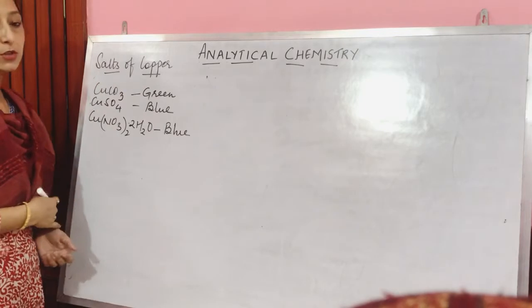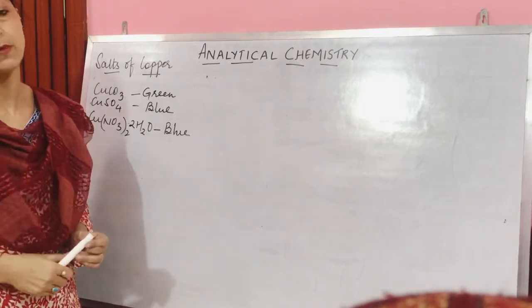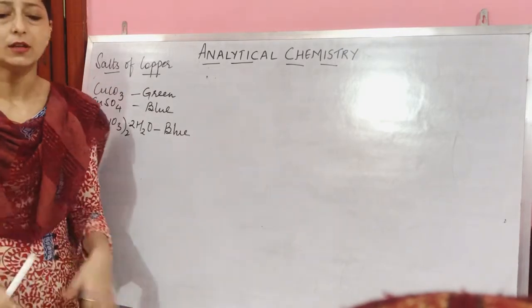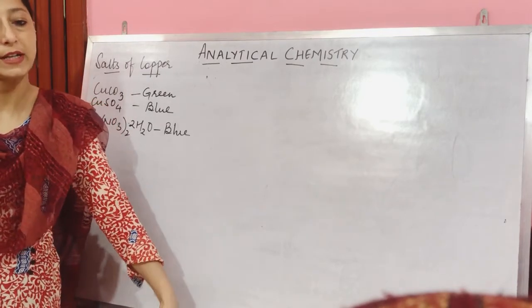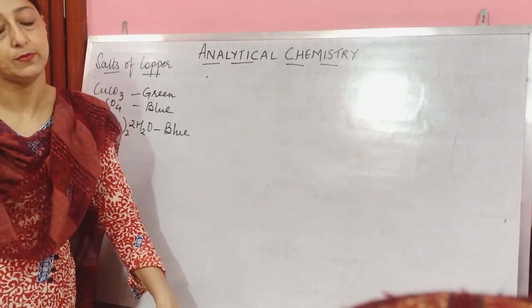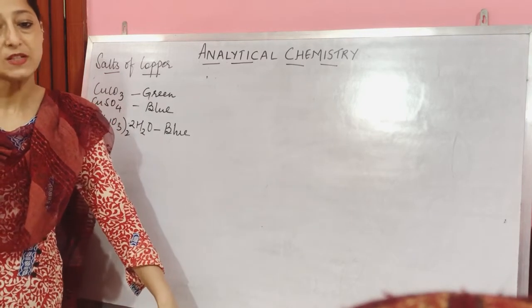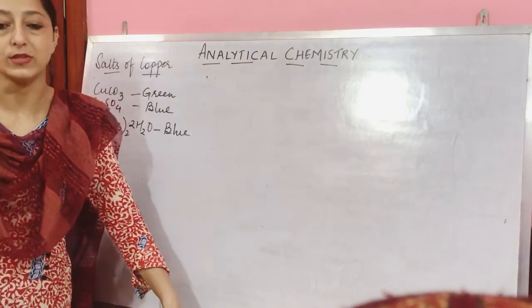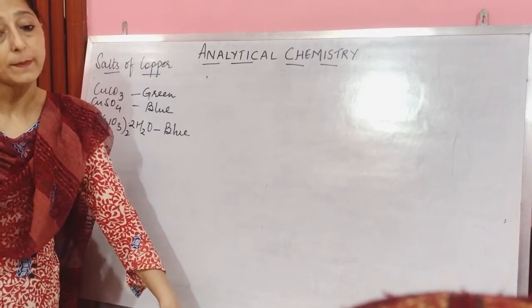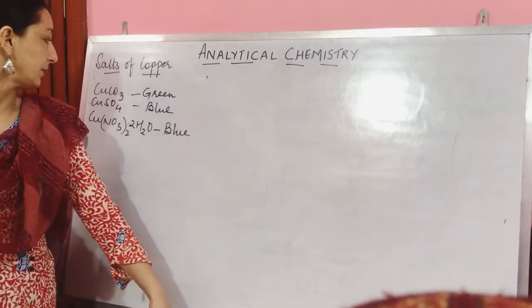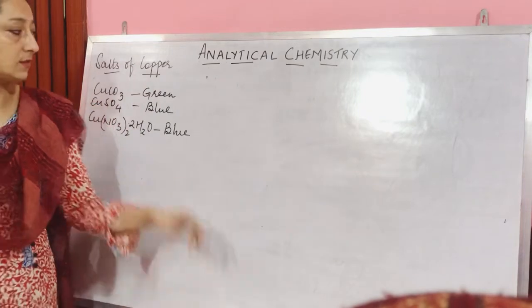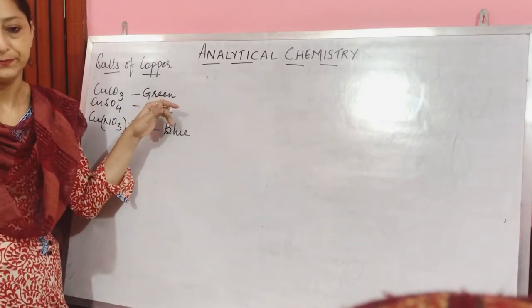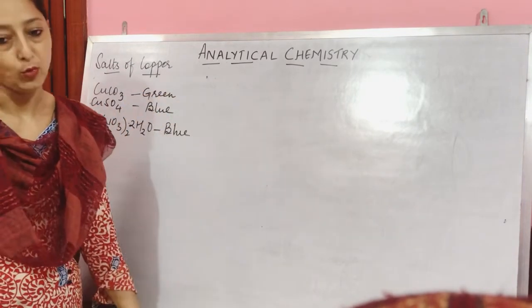Now, preparation of solutions from salts. Children, we know that different salts of copper provide Cu2+ ions, which give color in their aqueous solutions. But copper carbonate is green in color and insoluble in water.